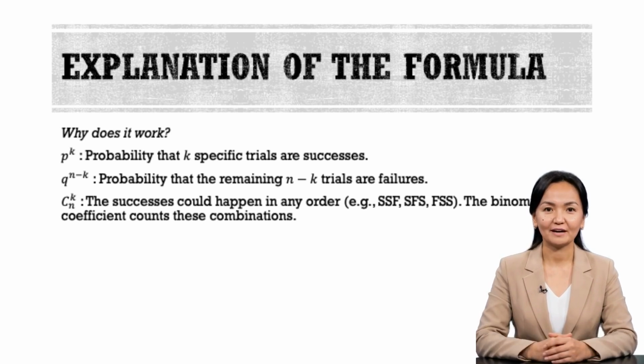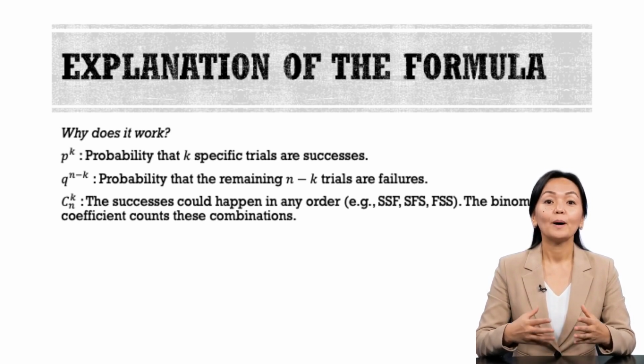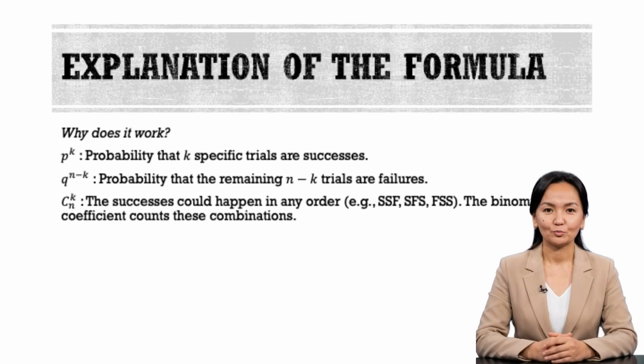For example, if we have 3 trials and we want 2 successes, the successes could be in positions 1 and 2, 1 and 3, or 2 and 3. Each of these sequences has the same probability, and the binomial coefficient C(n,k) counts exactly how many such sequences exist. That's why we multiply, to account for all possible arrangements.